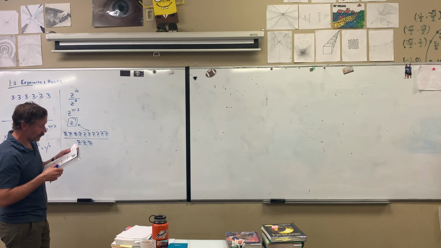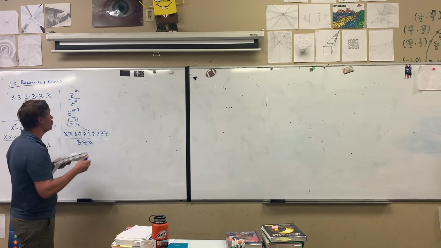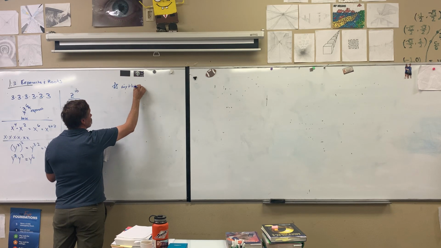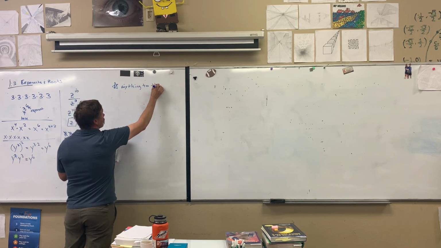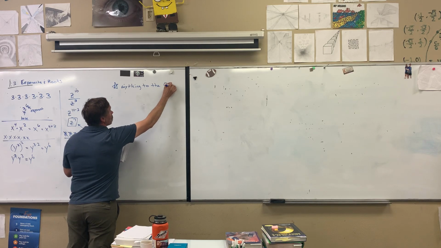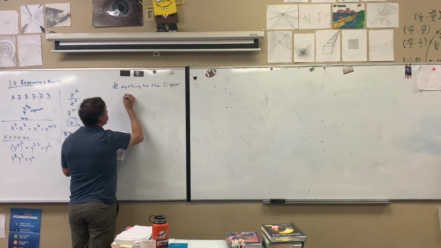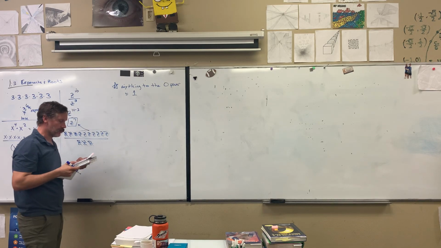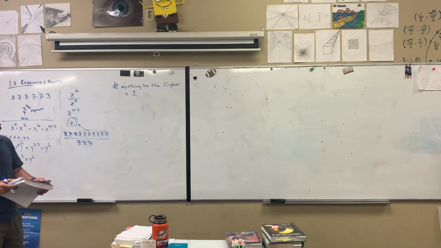Okay, this is a good one. We need to make a note of this. Anything to the 0 power equals 1. So anything to the 0 power is equal to 1.